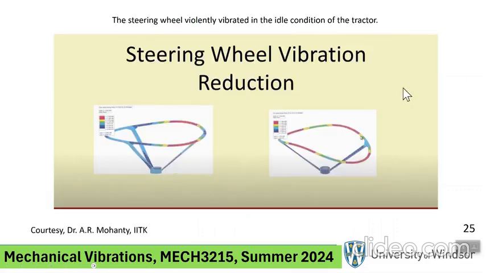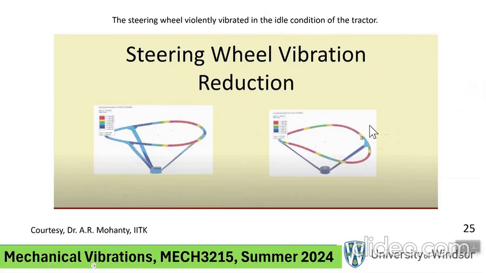Now, here is an example that I've taken out of this IIT work. And they realized that for a certain tractor, the steering wheel was dramatically affected by the vibration of the idle condition.